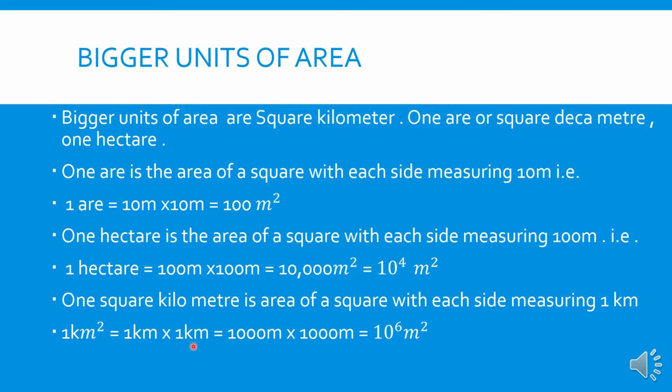So in place of 1 kilometer, we can write 1000 meter as well. So how many zeros are there? 6 in total, when 1000 is multiplied by 1000. So that is why it is written as 10 raised to the power 6 square meter. So these all are the bigger units of area.